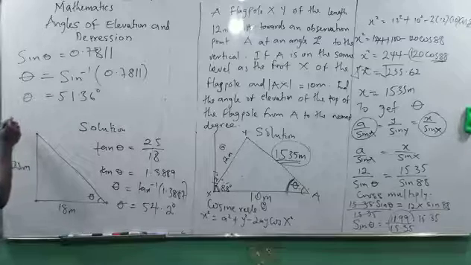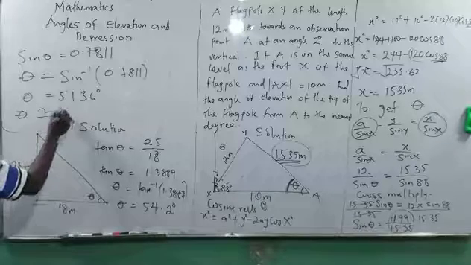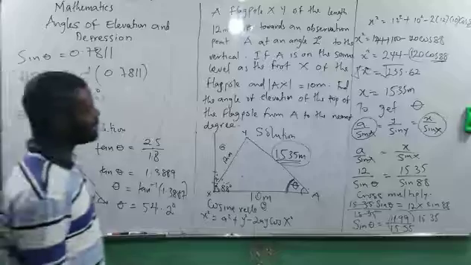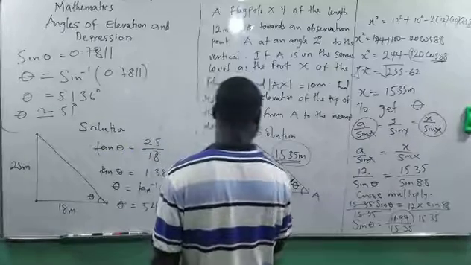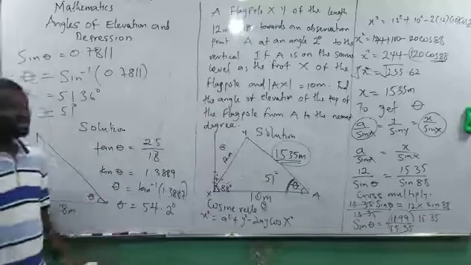Now, I can say that it is approximately 51 degrees, because we are to give it to the nearest degree. Now, it means here is 51 degrees. That is where I'm going to be stopping for now.